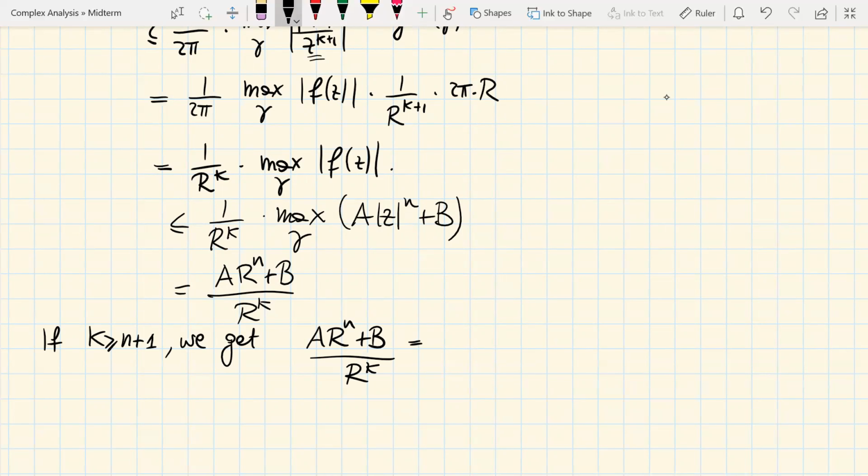This is equal to a times r to the n minus k plus b times r to the minus k.